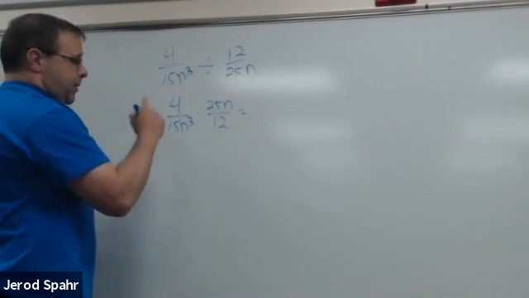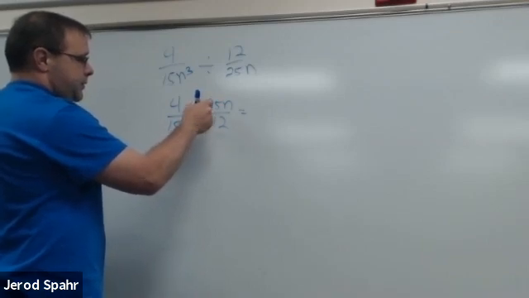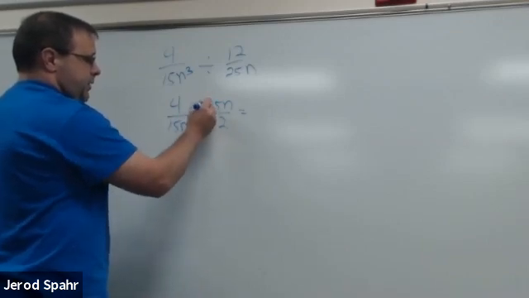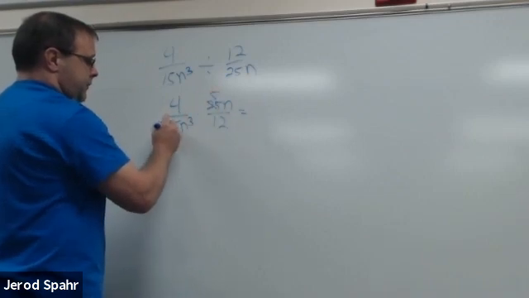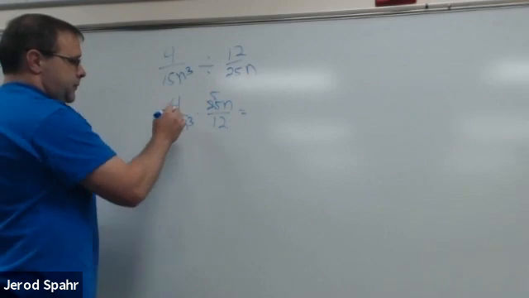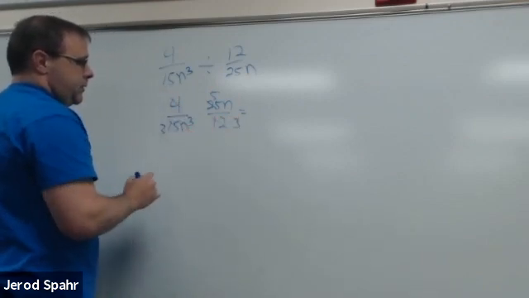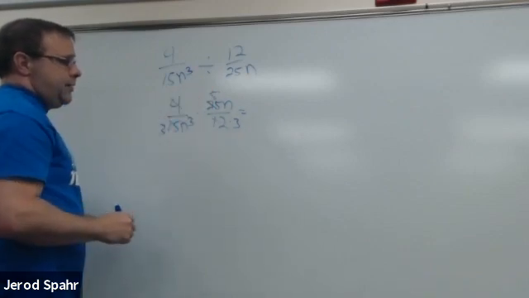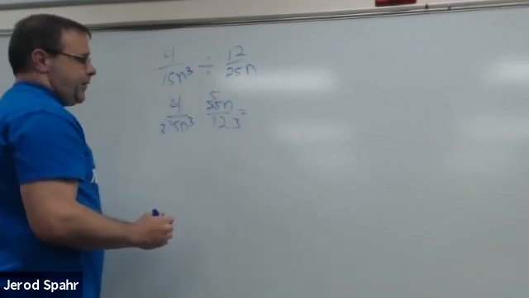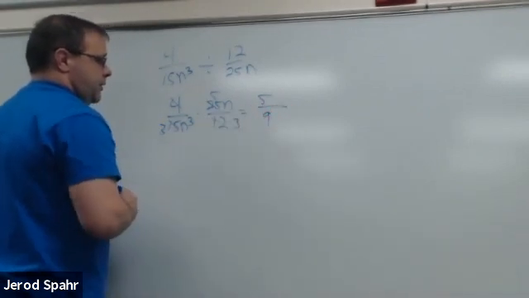Okay, I see a 5 here. If I cancel with this, and a 3, 4, and a 3. 2 3s go together, doesn't do anything to do with the 5. So I'm going to be left with a 5 over 9.